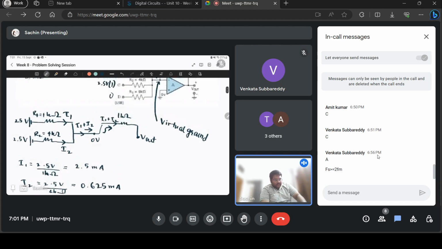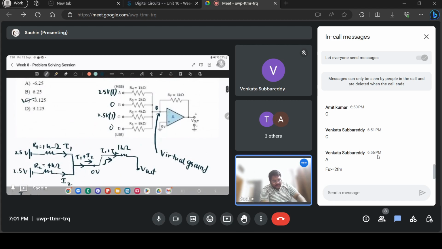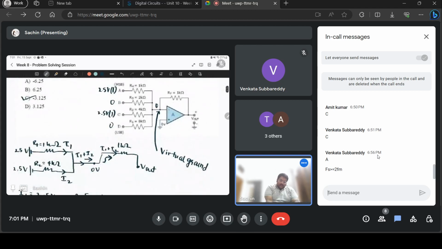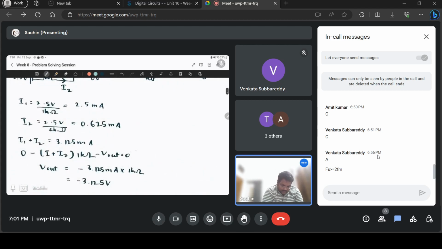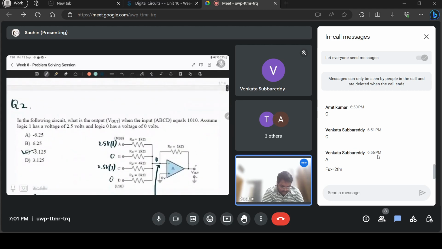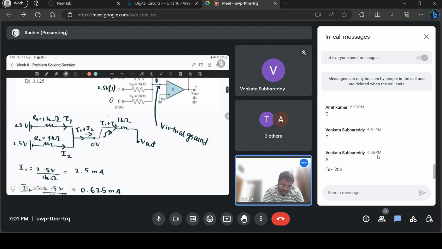So the current that is going through the feedback resistor is the sum of those currents by Kirchhoff's current law. You can use KCL to say that. If you call this current IF, since it's going through the feedback resistor, you can say IF is equal to I1 plus I2. Whatever current is coming here should go outside.